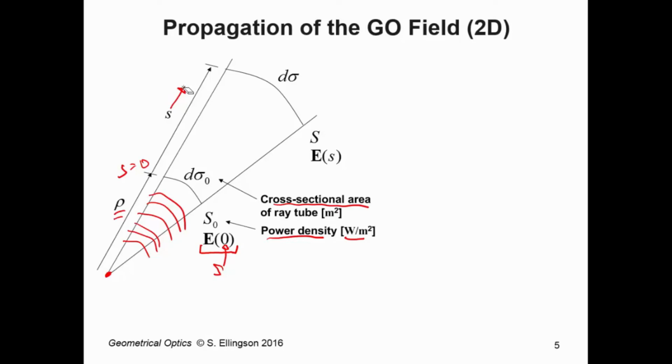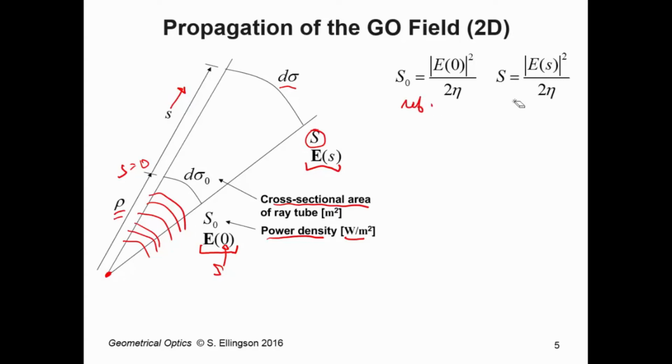So that at some later point, we can measure an electric field, which is E at S. And at that point, the power density is given by S, not S naught. And the differential area over which we're measuring this power density is d sigma. So here I've written the expressions for the power density at both the reference point and the actual point.